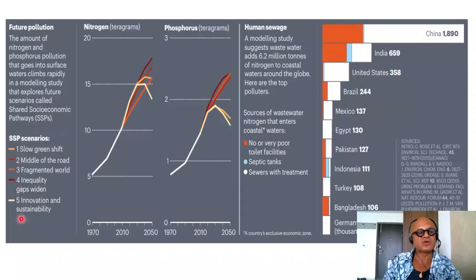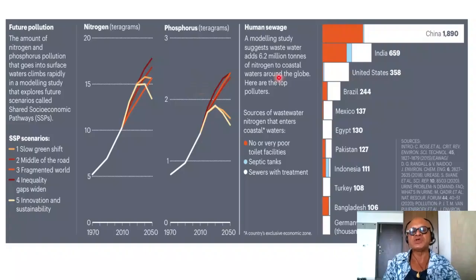SSP scenarios go through things like this: slow green shift, middle of the road, fragmented world, inequality gaps widen, innovation and sustainability. So projections to 2050, various scenarios offer various levels of teragrams of nitrogen addition to the system, and similarly for phosphorus, just note the numbers are much lower for phosphorus in teragrams.